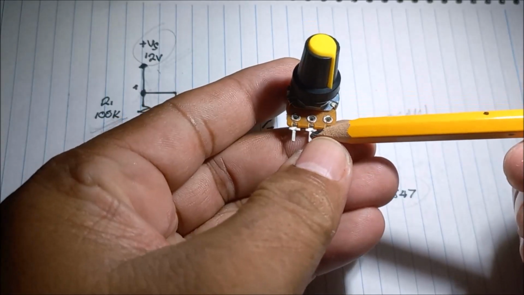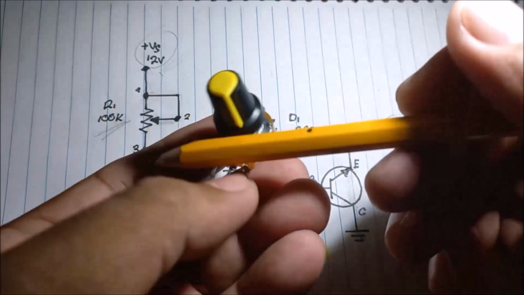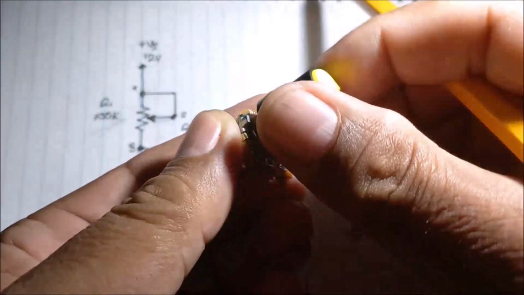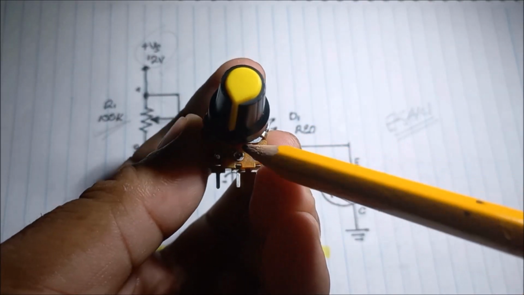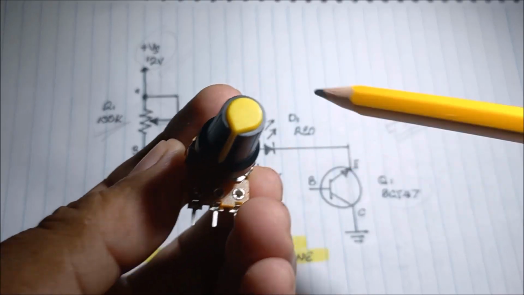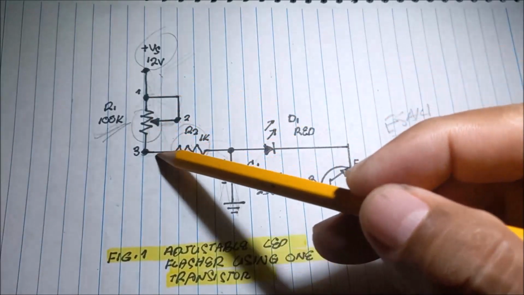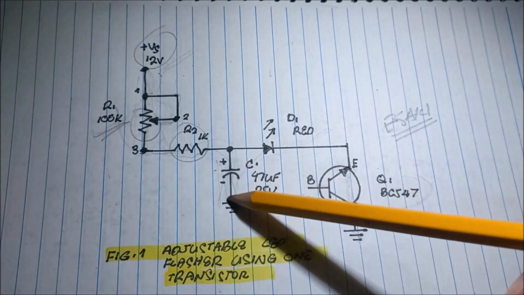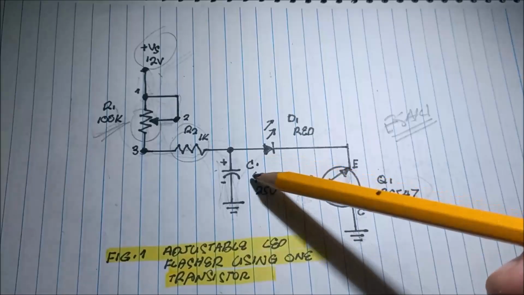Pin number 2, the middle, is connected to pin 1, in the 7 o'clock position, the starting point. So there is a big resistance, and the current flows into R1, R2, and then charges this capacitor. Slow charging.